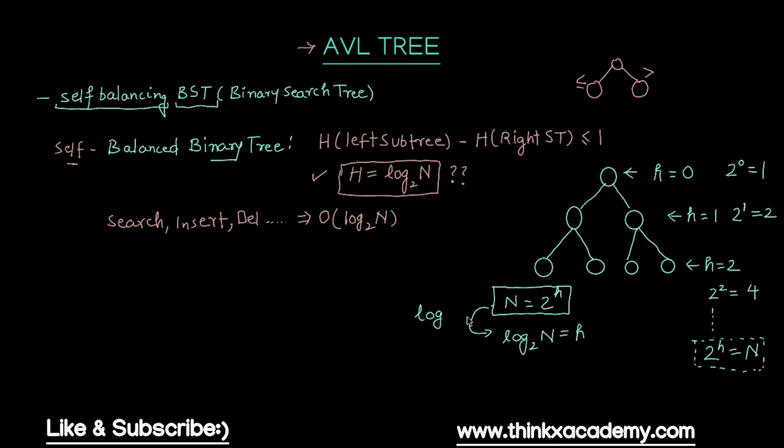This conversion can be understood using a very basic concept: if 3 squared gives you 9, you can represent it as log base 3 of 9 is equal to 2. You can use this simple example to convert one form into the other.